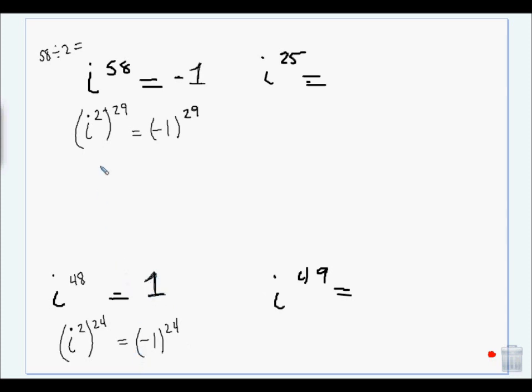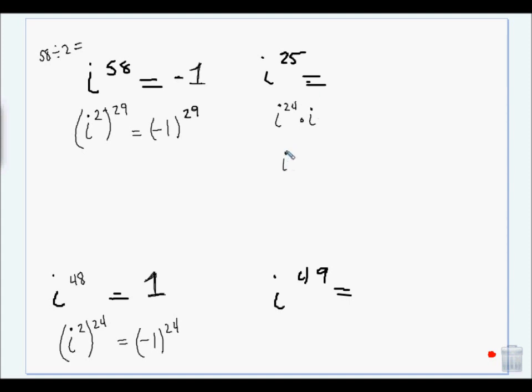Okay. Now these both divide by 2. 25 doesn't. Well, here, let me change that. But 25 is 24 plus 1 more, right?